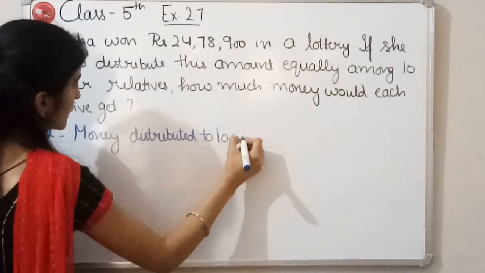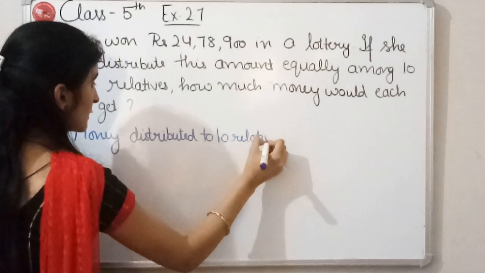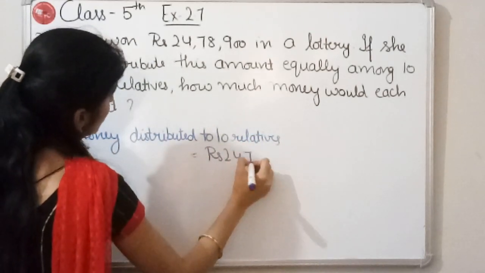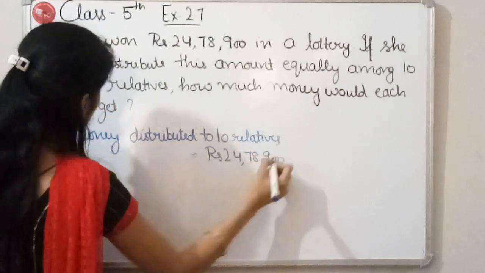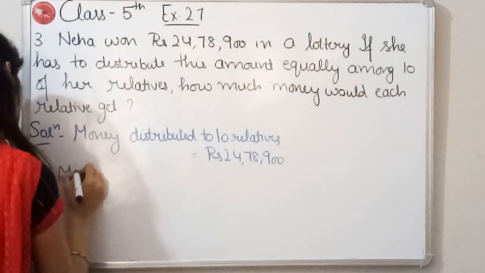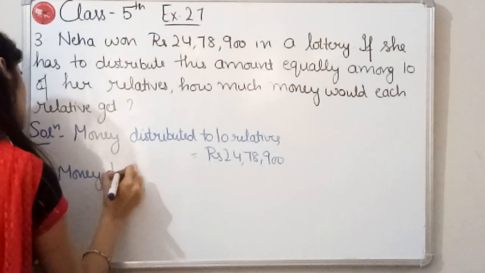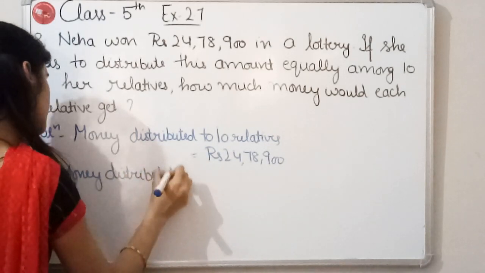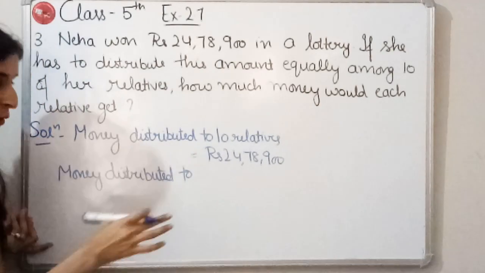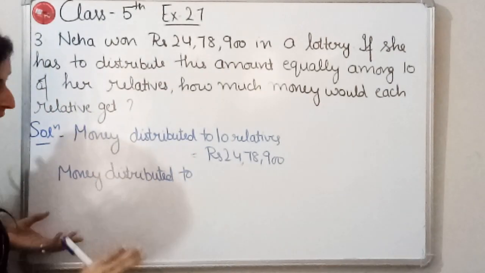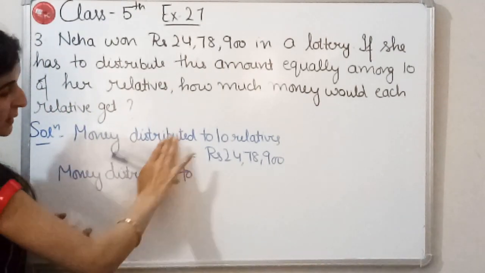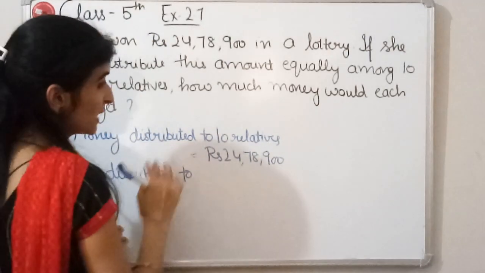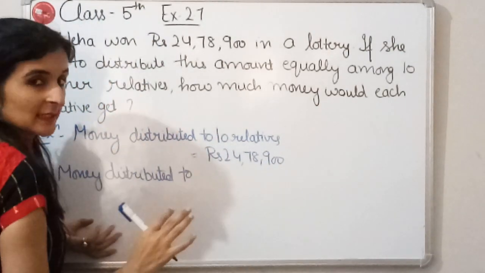Money distributed to 10 relatives is rupees 24,78,900 and money distributed, she has not distributed yet, but we can write it like money distributed to 10 relatives or money she has to distribute to 10 relatives.